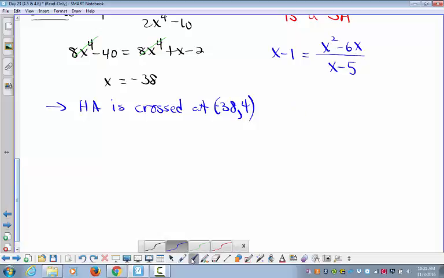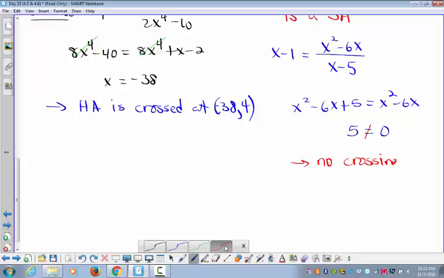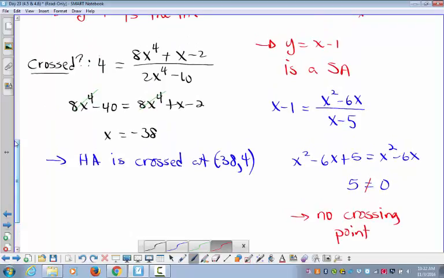X squared minus 1x minus 5x, that's minus 6x, plus 5 equals x squared minus 6x. Subtract x squared from each side, add 6x to each side. We end up with 5 equals 0. That's not true. So that implies no crossing point. So that tells us that this slant asymptote, x minus 1, is not crossed by the function.